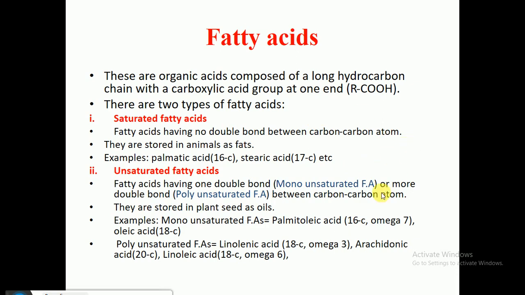When there is more than one double bond, it becomes poly. Poly means many, mono means once. When there are more double bonds, look here, this is a polyunsaturated fatty acid.